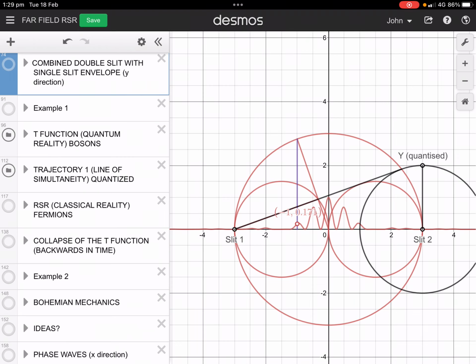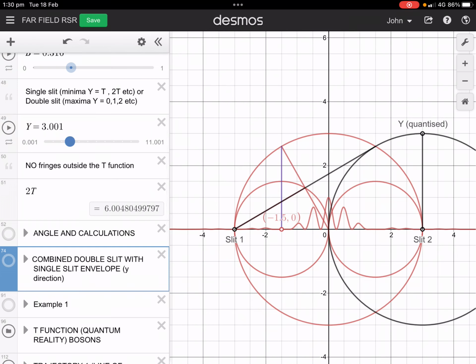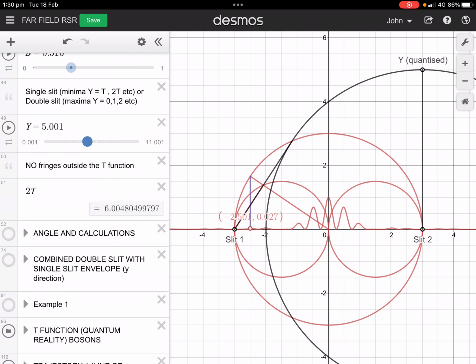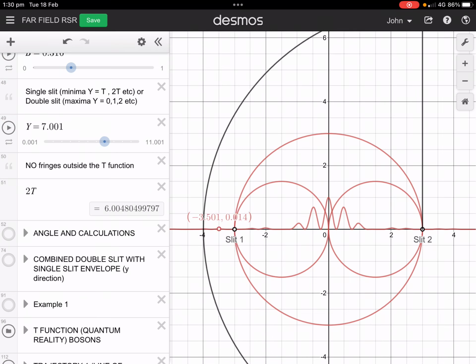Now notice that the y, if it heads outside the t function, there, it's gone outside, you can see 7, there it is. Then there's no fringe outside the t function, so it's gone, there's no fringes at all.